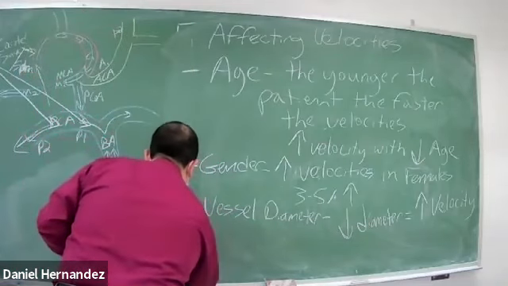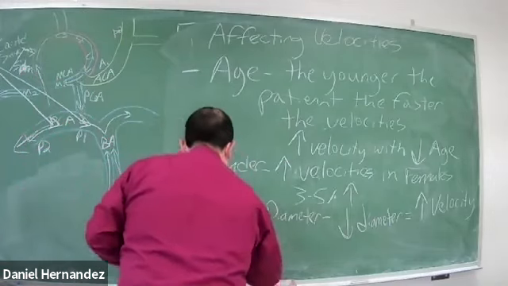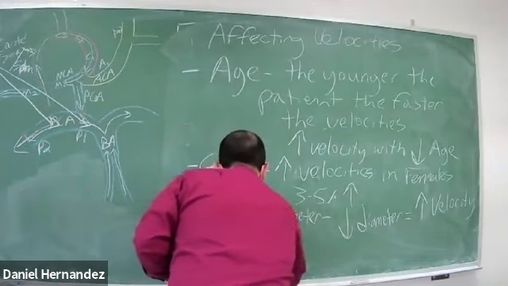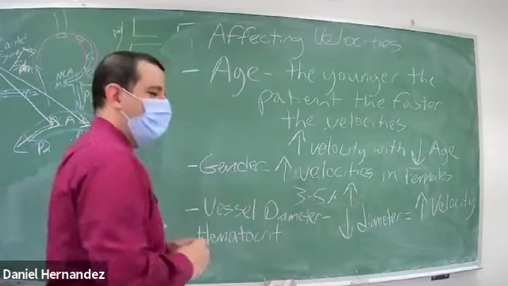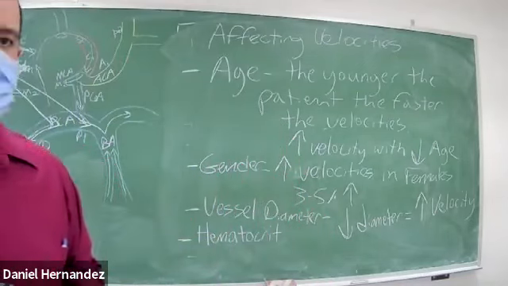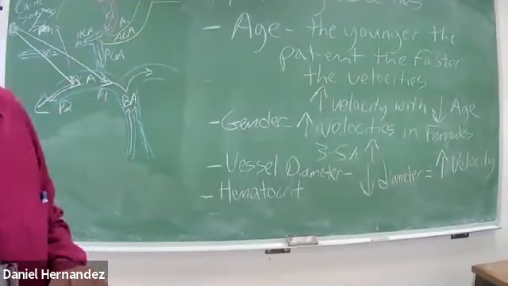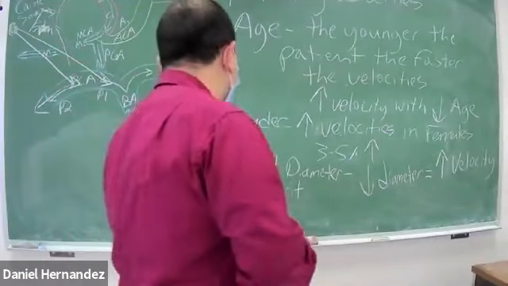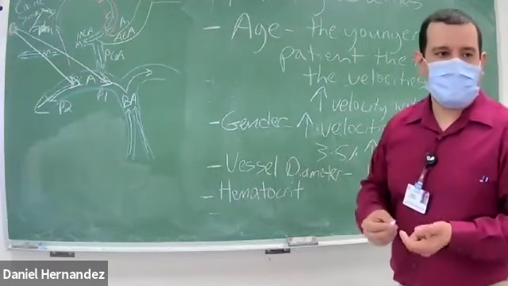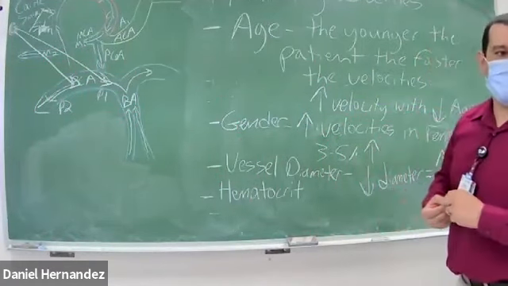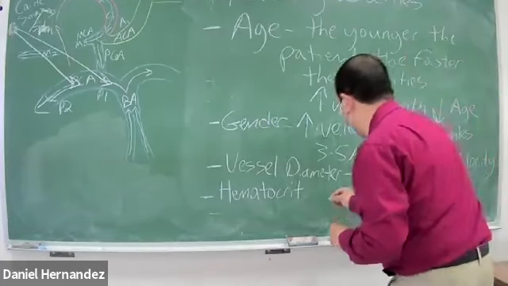Another thing that can affect velocity would be our hematocrit. Our hematocrit is how thick our blood is, the number of red blood cells within the blood. That plays in with viscosity. So a higher hematocrit will mean a lower flow velocity.